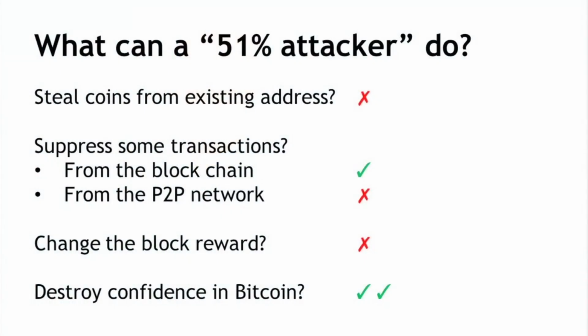None of these others really, considering the amount of expenditure that the adversary would have to put into attacking Bitcoin and achieving a 51% majority, really makes sense from a financial point of view to try any of these other attacks.